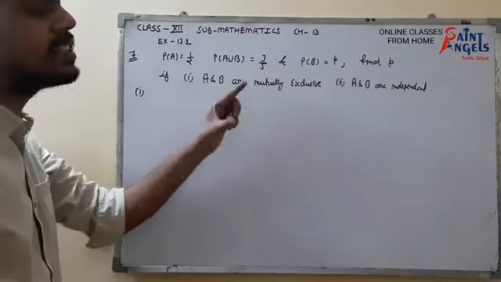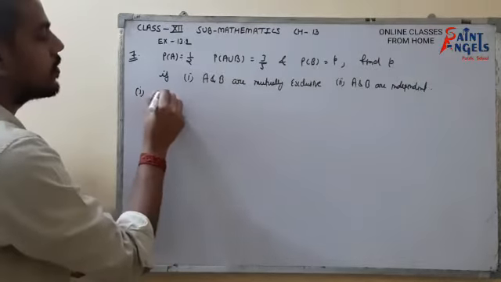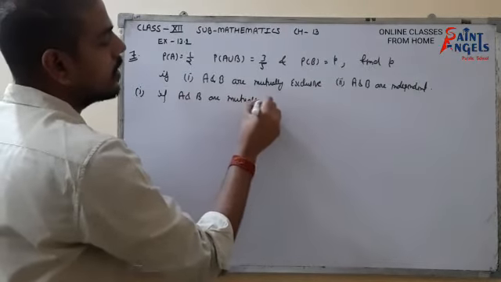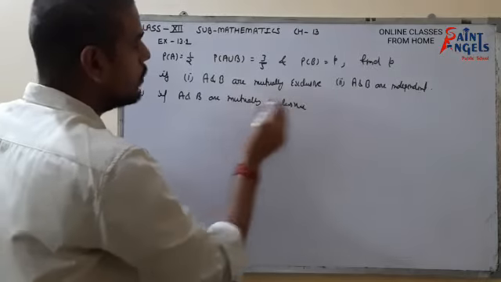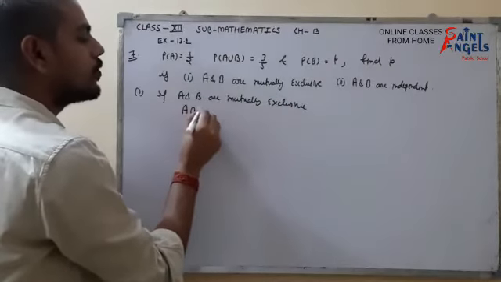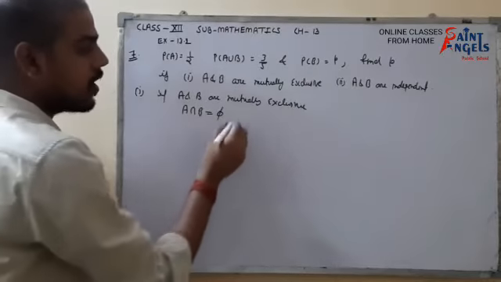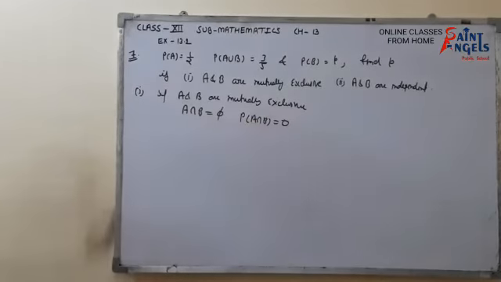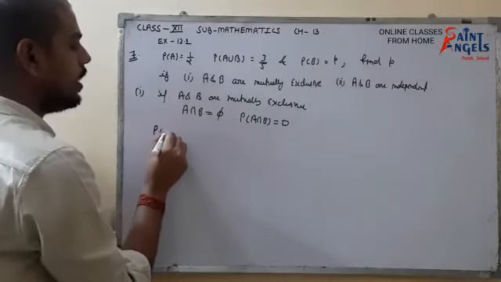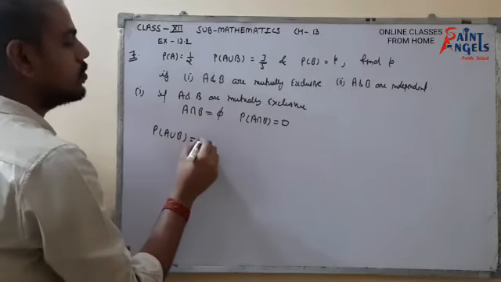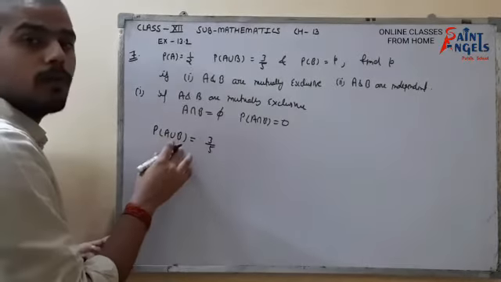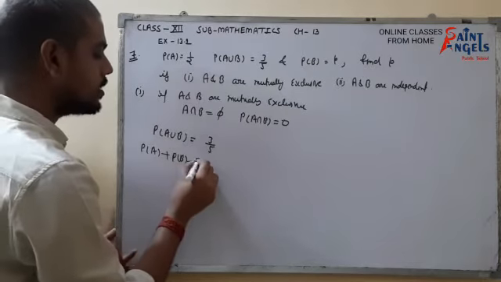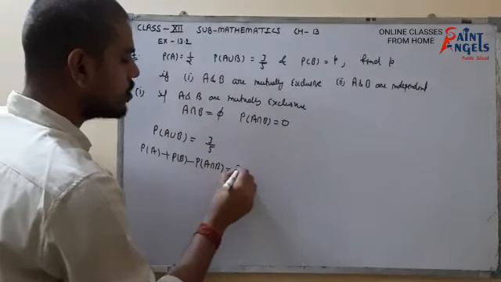Whenever two events are mutually exclusive, then the intersection of those events would be phi. If the intersection is phi, then its probability would equal 0. Now we have P(A union B) equals 3 by 5, and the formula for P(A union B) is P(A) plus P(B) minus P(A intersection B) equals 3 by 5.